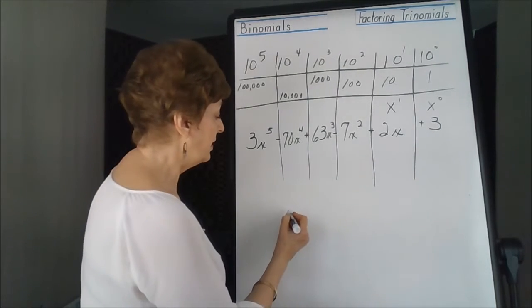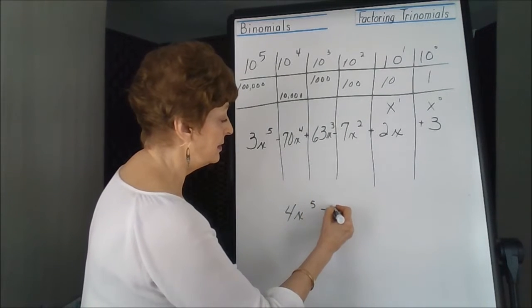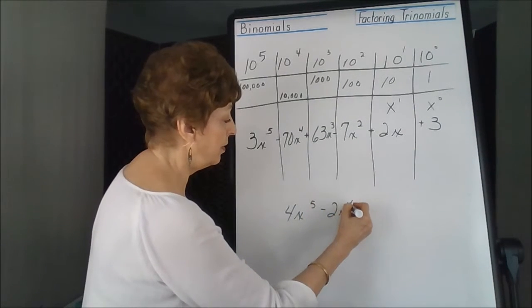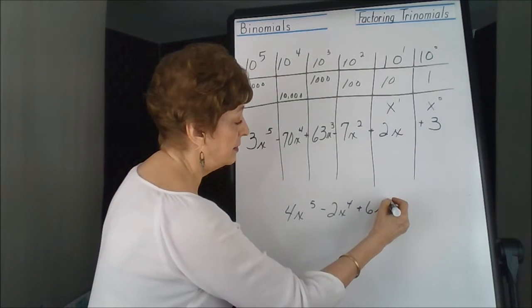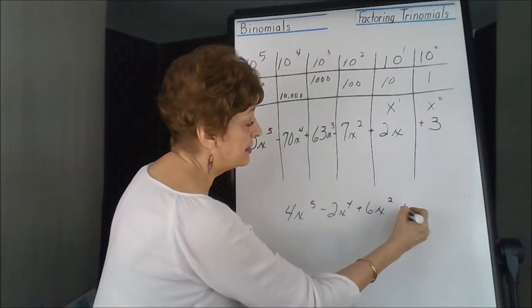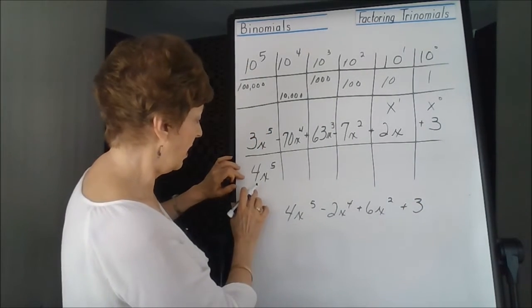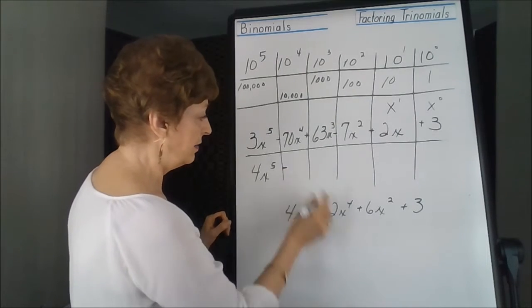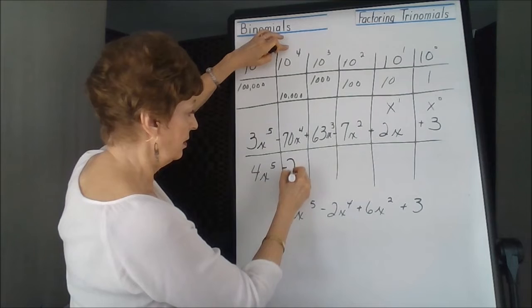So if we have something like this, 4x to the fifth minus 2x to the fourth plus 6x to the second plus 3, 4x to the fifth belongs in this column. Our negative 2x to the fourth belongs here.